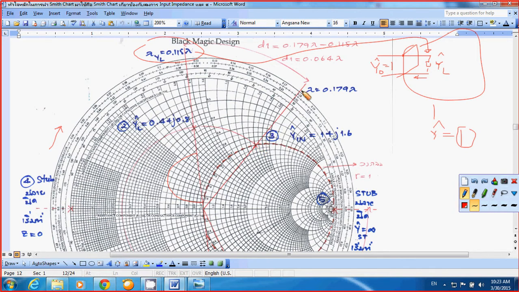You read the point here, the real part, of course, is 1, and you end up with the new value of the imaginary part.